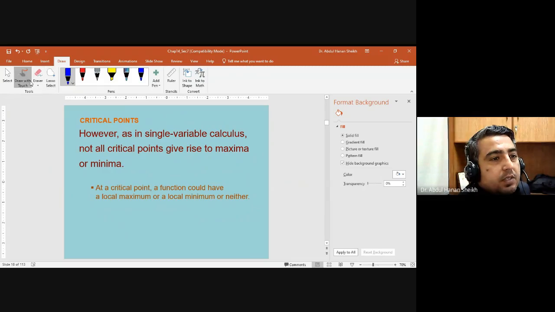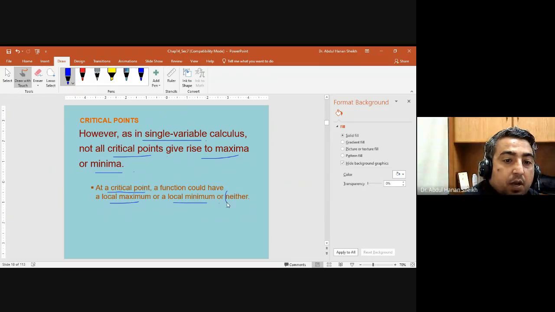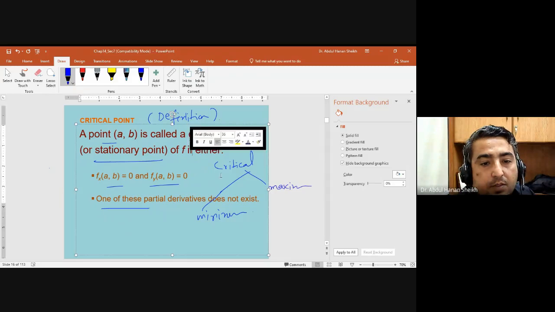We also settled with this idea in calculus 1. So at a critical point, the function could have a local minimum, a local maximum, or neither. So remember this also, right? So let me amend this one.